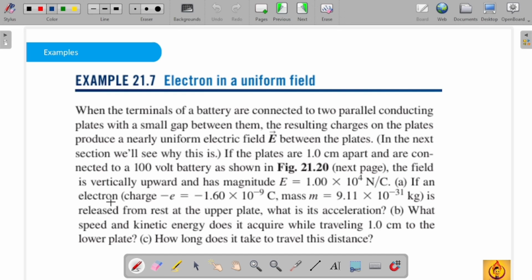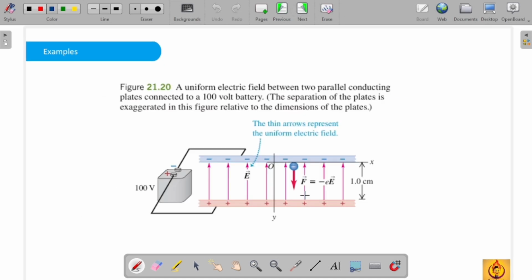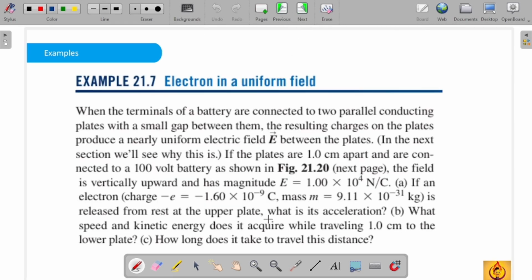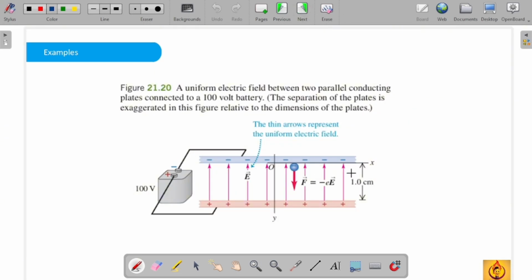And then they're saying there's an electron with this mass and charge, and it is released from rest at the upper plate. It was resting, not moving, or moving with constant speed. What is its acceleration? So it's going to be accelerated.